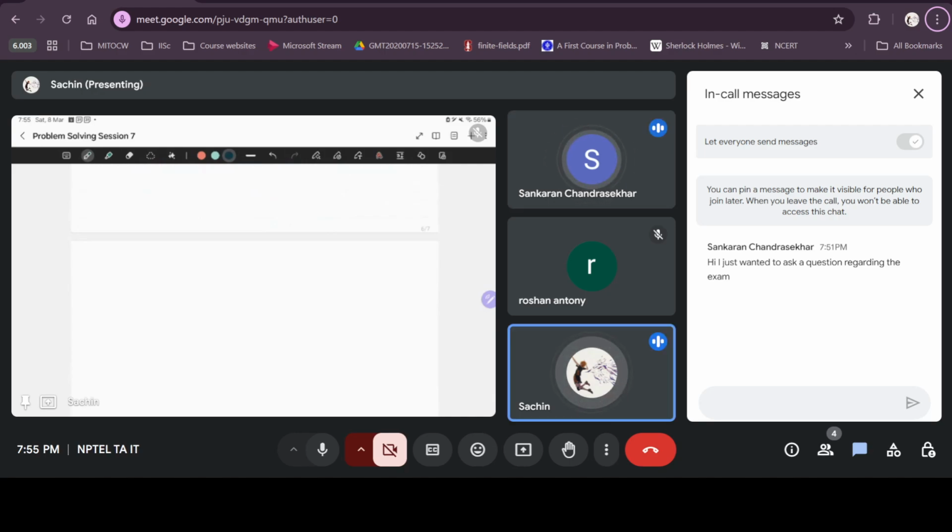He has his own TAs because all the material is prepared and maintained, and all this exam is done by the original course instructor, Professor Adrish, and his TAs from IIT Kharagpur.